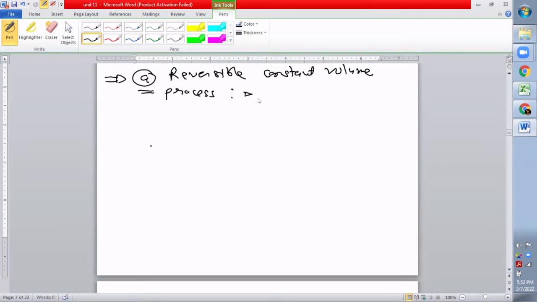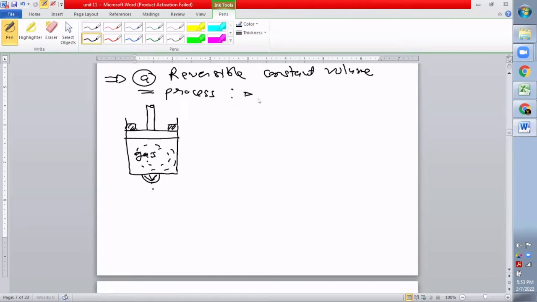So here we'll consider again a piston and cylinder arrangement. This is the cylinder. This is the piston. The piston will reciprocate in the upward direction. But in order to maintain the process at constant volume, we provide a stopper over the head of the piston. And here we have the working system called gas.